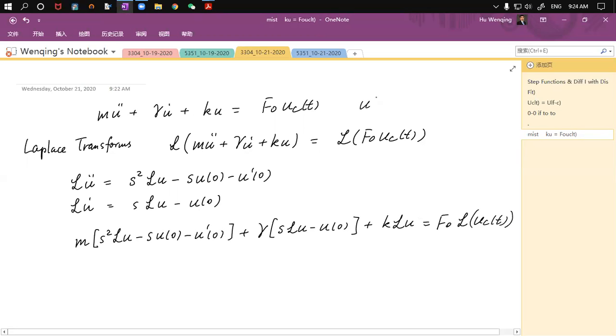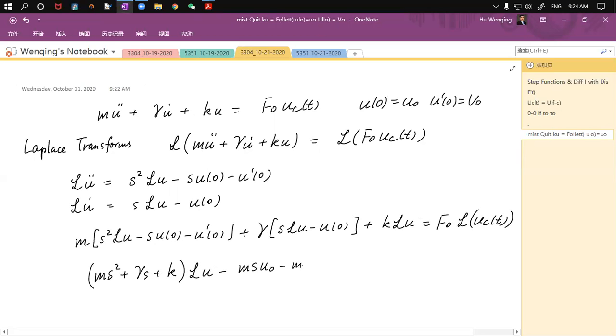If you have the initial conditions u of 0 equal to u0 and u prime of 0 equal to v0, you are able to express the left-hand side as a linear combination: m s squared plus gamma s plus k multiplied by the Laplace transform of u, minus m s u0 minus m v0 minus gamma u0, is equal to f0 times the Laplace transform of uc of t.